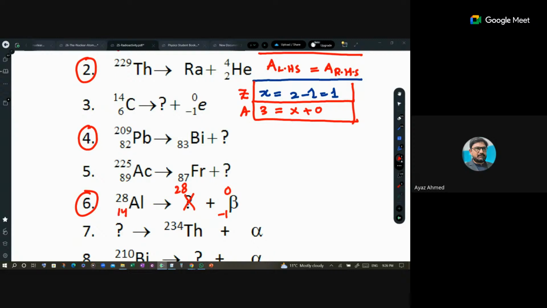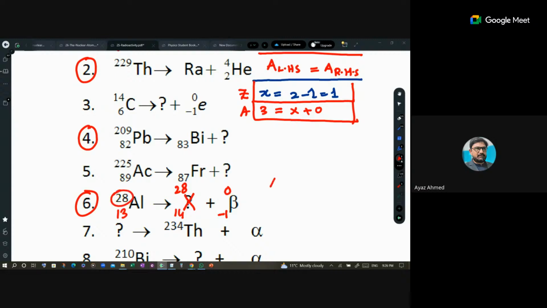Usually aluminum is 13, mostly it is 13 and 28, right? So if you have this 13 over here, it would be 14 over here. But 13 isn't written here. How do you know that? Do we have to memorize that? No. It is almost this one.